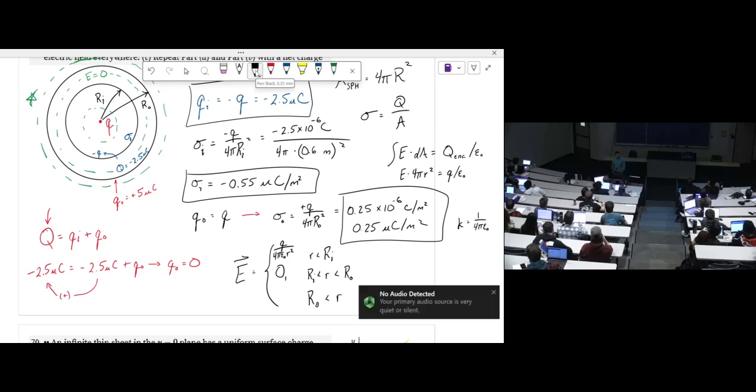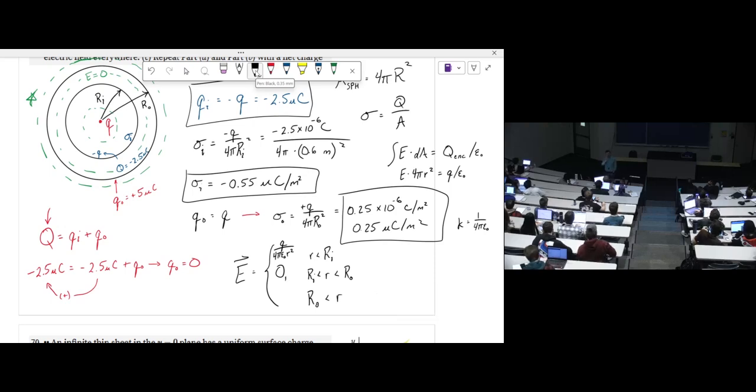Because it's a sphere, it's going to be something divided by 4 pi epsilon naught r squared. And that something is going to be how much charge is enclosed.